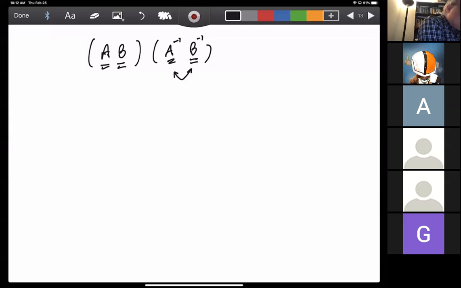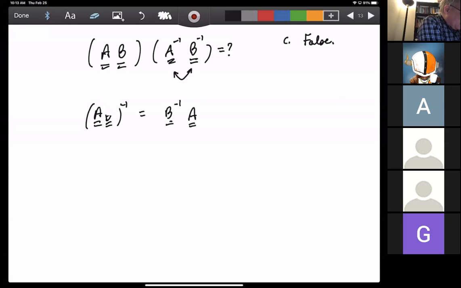So in fact, in general, this is going to be false. (AB) inverse is going to have to be B inverse A inverse.